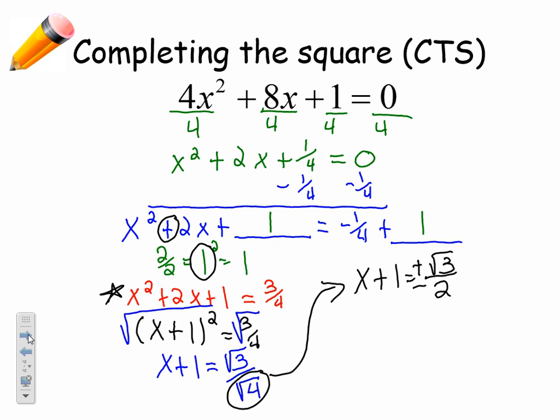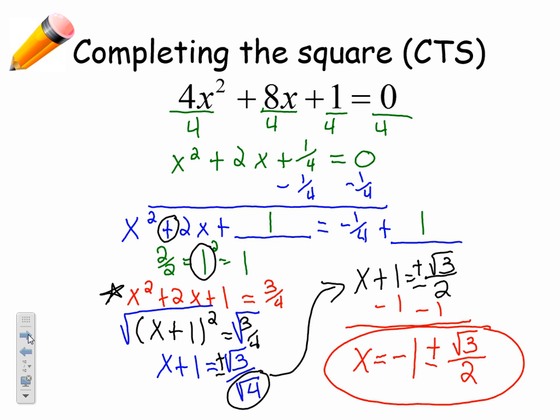Sorry, you guys. Make sure we get that in there, plus or minus. Finish it off, we're going to subtract 1 from both sides. So I get x, remember, equals, minus 1 gets written first, plus or minus the square root of 3 over 2. And we are done.